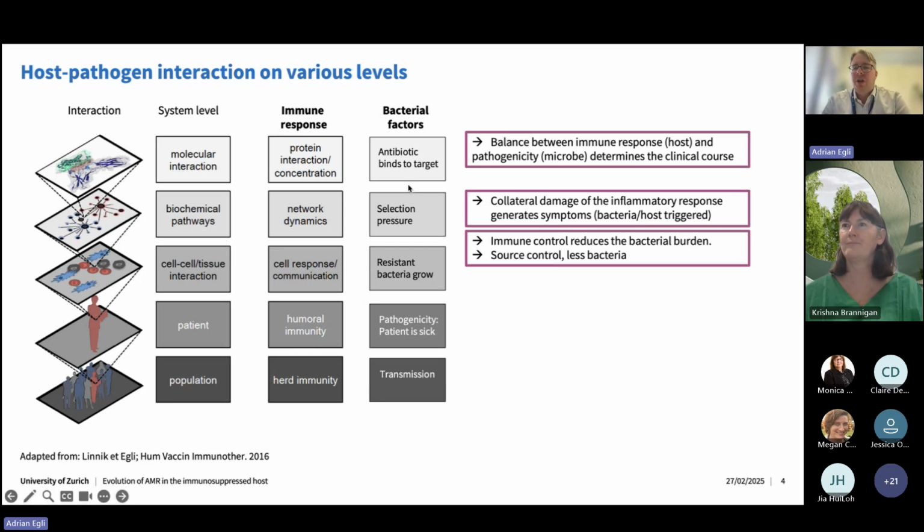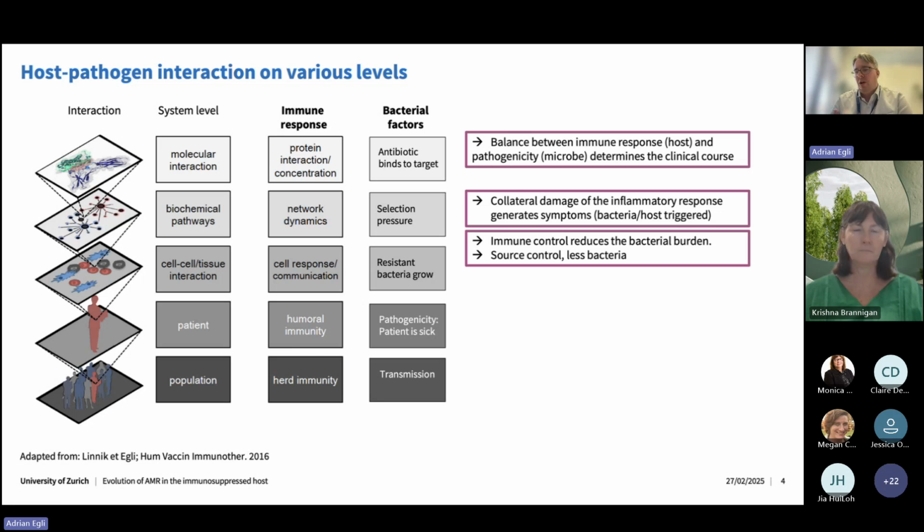So this interaction between the immune response and the microbe, it determines, as a matter of fact, the clinical course, obviously. The collateral damage, which is caused by the immune system, the inflammatory response, then generates the symptoms.